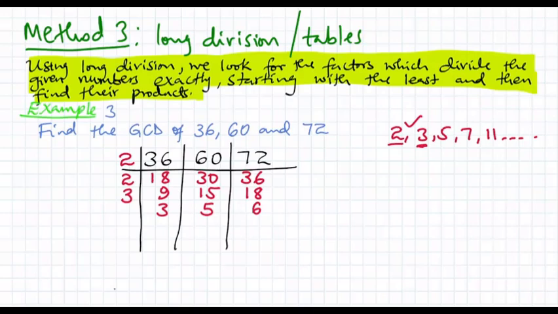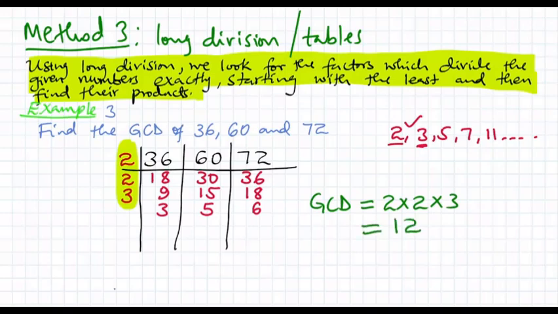Then from there, all of them cannot be divided by 3, so we ignore. Those are the factors. Therefore, GCD will be given by the product of the numbers, that is 2 times 2 times 3. We end up getting 12.